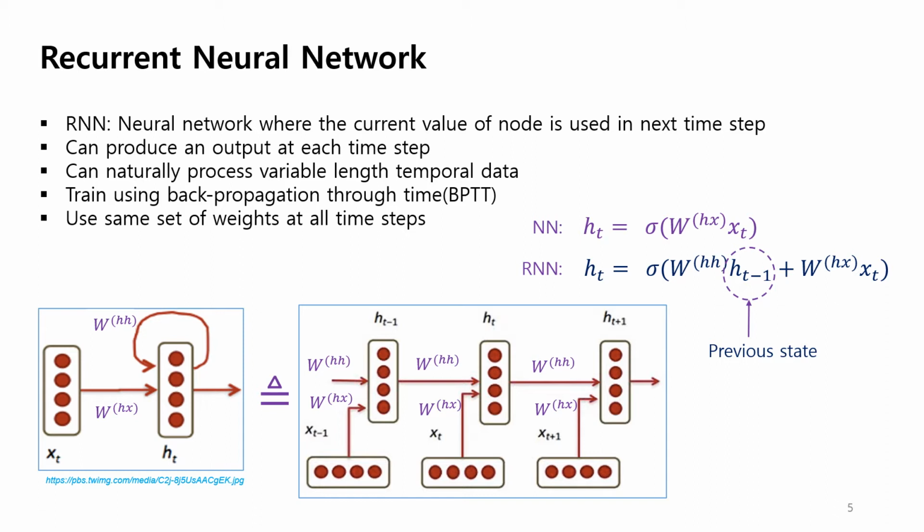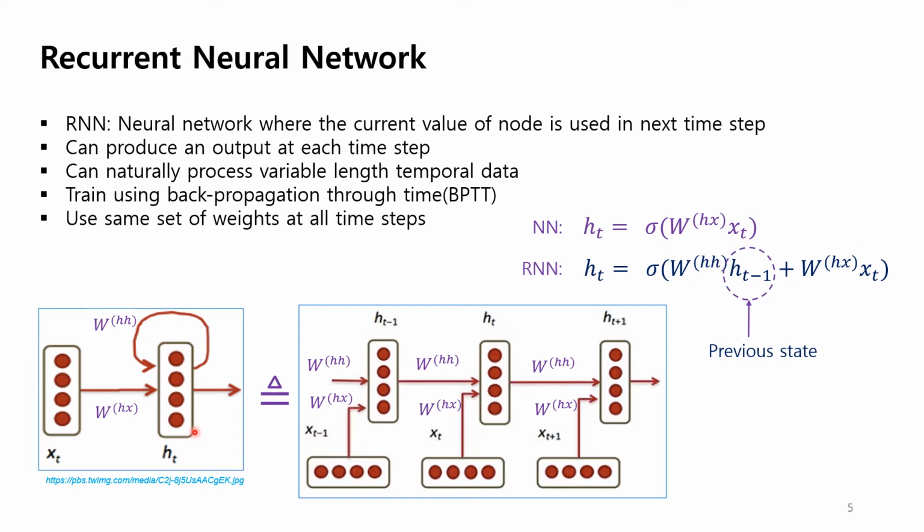So in this slide, let's take a look at how these are implemented in RNN. This is the picture of RNN. If you remove this arrow here, then it becomes a traditional neural net: we have input and a hidden node.